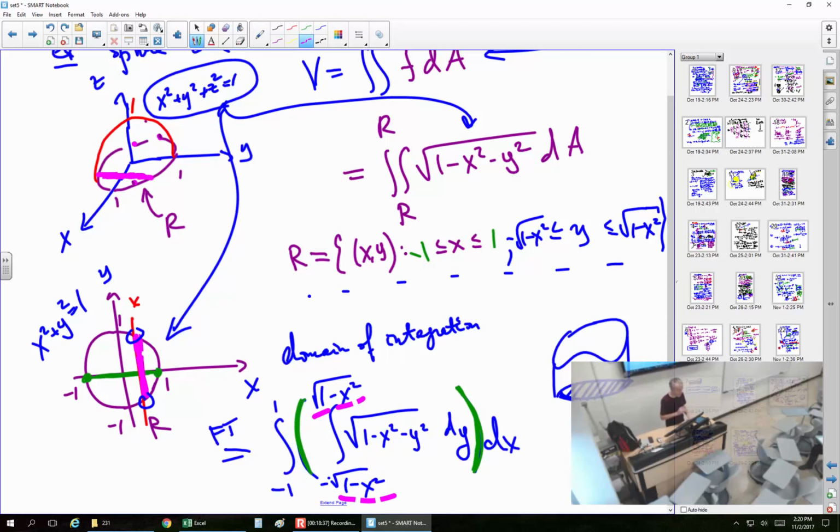Then we're cutting at a fixed value of x over here. Once x is fixed, we throw out everything else, and so we're cutting our sphere with a vertical plane. X fixed is a vertical plane like this.